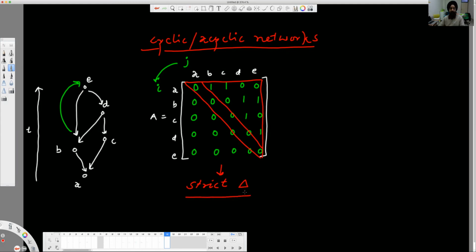Now, is there anything wrong here? If I change the order of nodes now, I drew the network in a peculiar manner with respect to time, but there's no reason to draw it in that way. I can draw it in whatever way I want. If I put E right in the beginning, what will happen? I change the order of the nodes now.